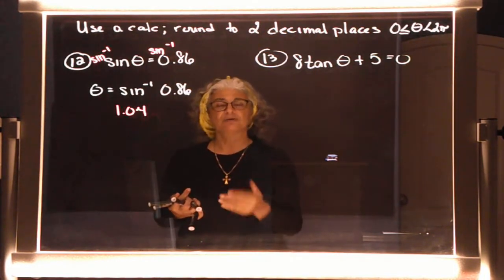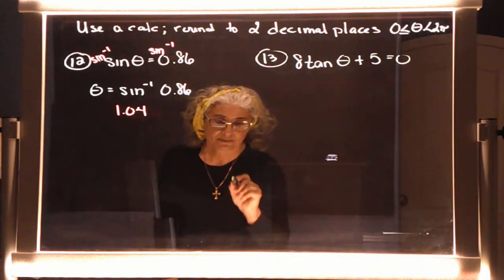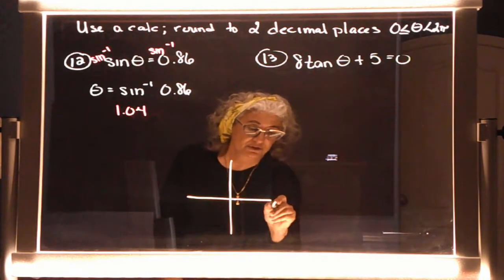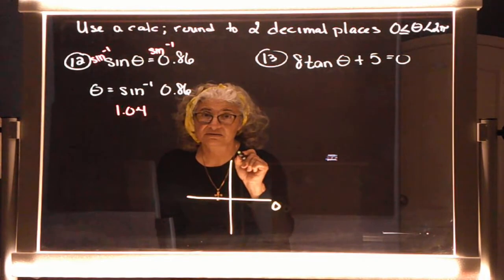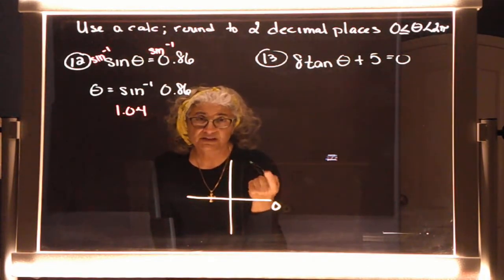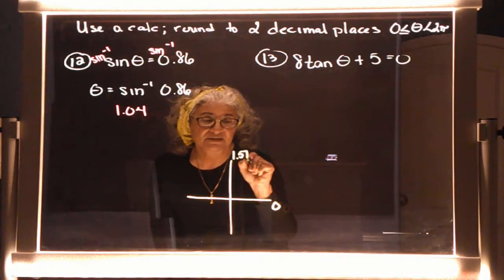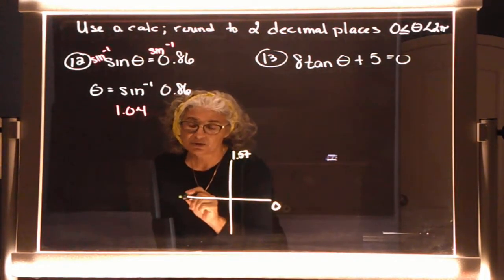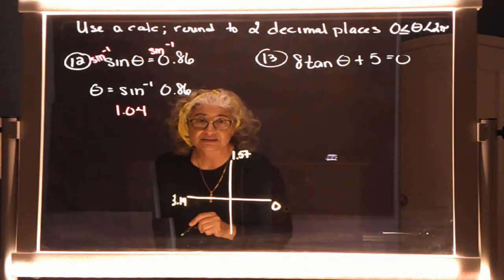I'm like, well, how do you know? Watch. Here's 0 radians, correct? Up here is supposed to be pi over 2, isn't it? Well, go to your calculator. What is pi divided by 2? 1.57, about. Over here is pi, isn't it? Well, you know what pi is as a decimal, 3.14, right?